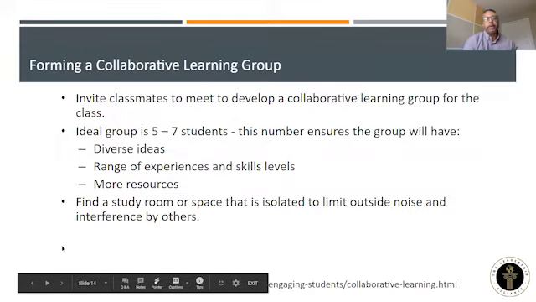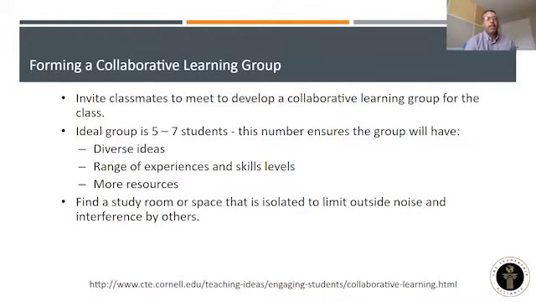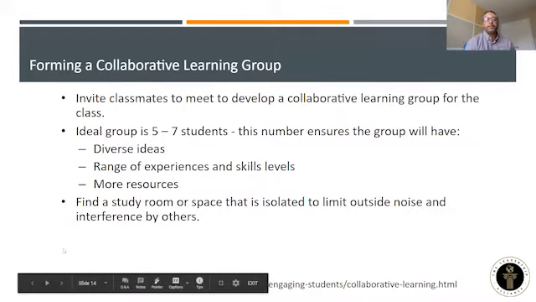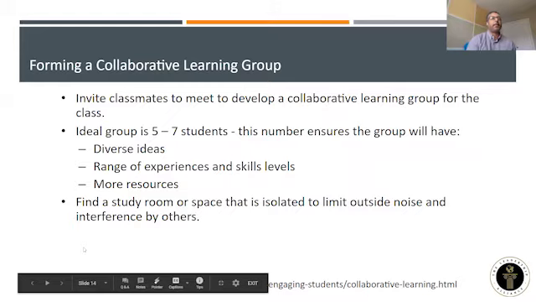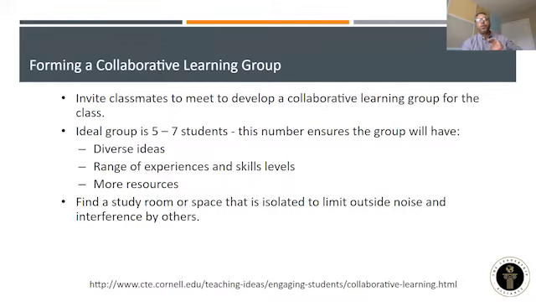So as we said earlier, the ideal group size is from 5 to 7 students. And you want to make sure that the group that you choose is one that can bring in different viewpoints and is appropriate for your place in the class. So you don't want to, for instance, be in a group of the people who are blowing out all the tests if you're struggling with the material, because that group dynamic won't be one that's beneficial for you.